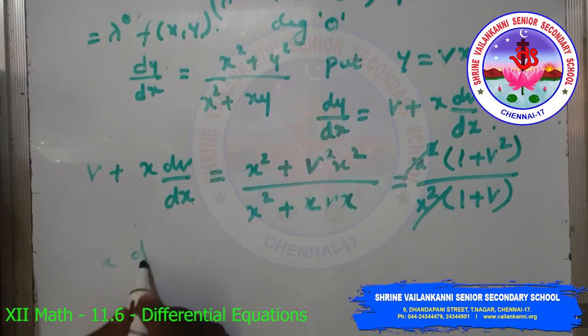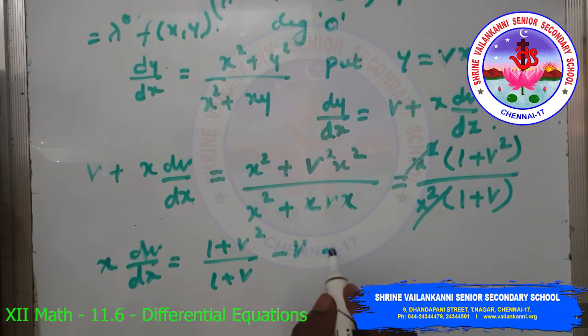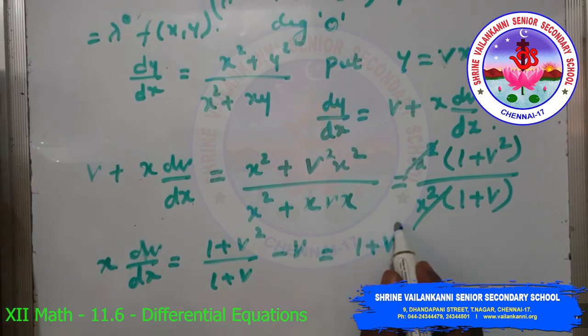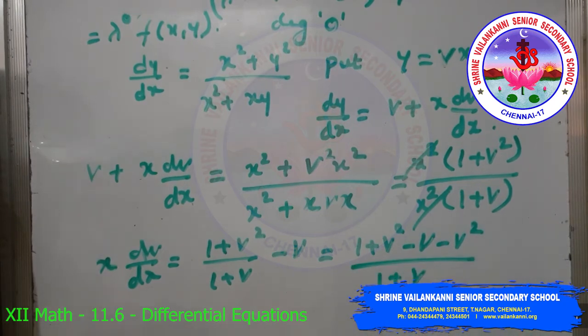So x dv/dx is equal to (1 + v²)/(1 + v) minus v. So taking LCM, (1 + v²) minus 1 into v, and minus v into v, so minus v², whole over 1 + v.